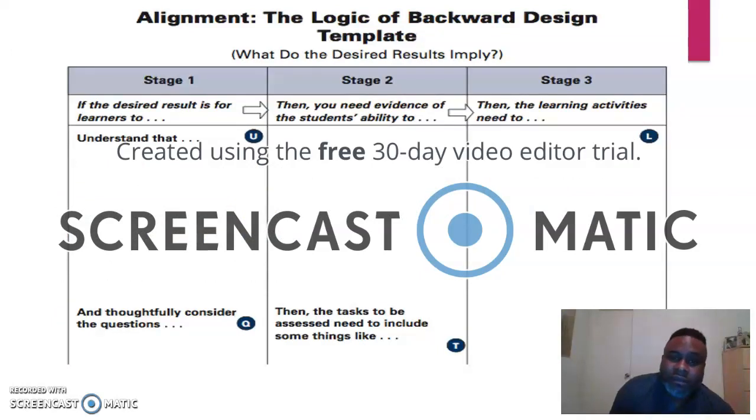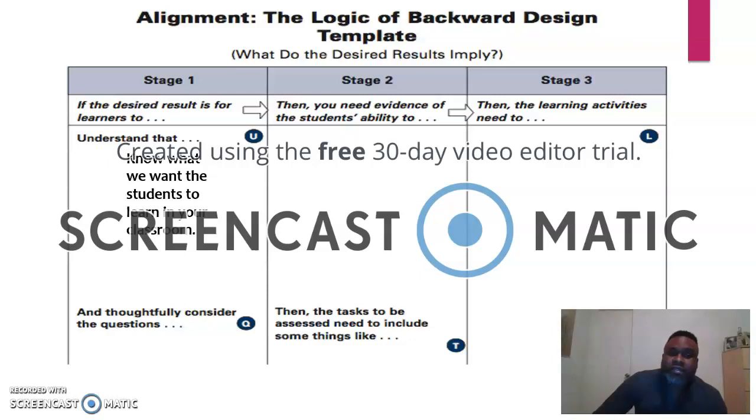The alignment, of course, is a backward plan. So in stage one, what you want to do is know or understand what we want our students to learn in your classroom. Not only do we have to know what we want our students to learn, but they should know what they have to learn. The backward plan doesn't just work for teachers, it could work for the student.